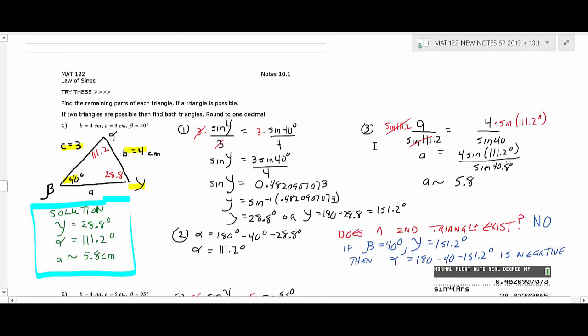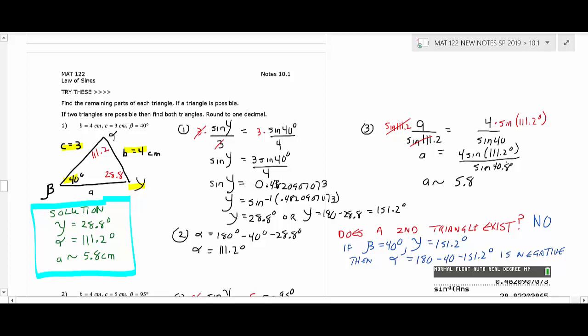All right, so let's see how we did. First problem, I drew out a triangle. I got the angle gamma 28.8, alpha 111.2, and side A 5.8 centimeters is what you should have got. I started by drawing my diagram, and I have to start with gamma, so I match up sine gamma over 3, sine 40 over 4, and solve the equation.